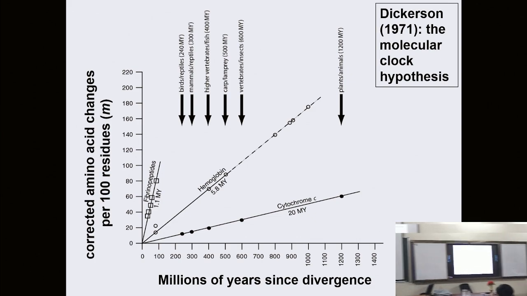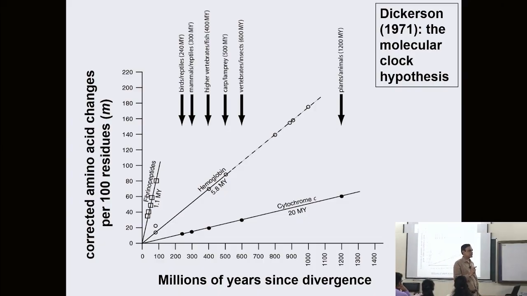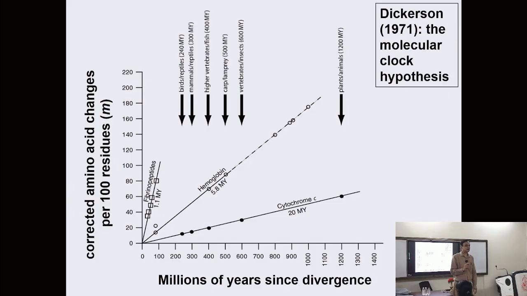In 1200 million years, how many changes have happened? 60% changes. So how many years will it take for 1%? 60% will happen in 1200 million years.